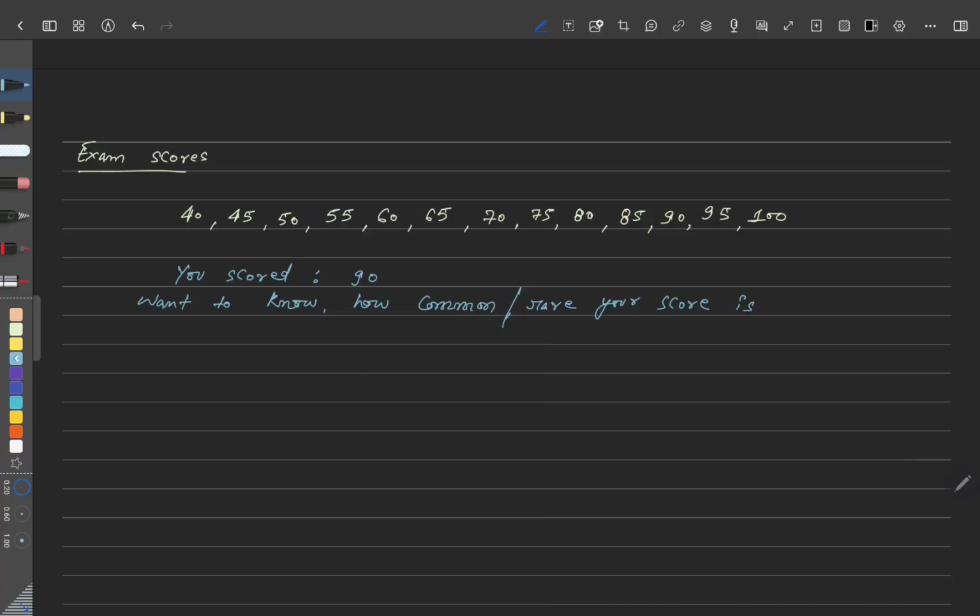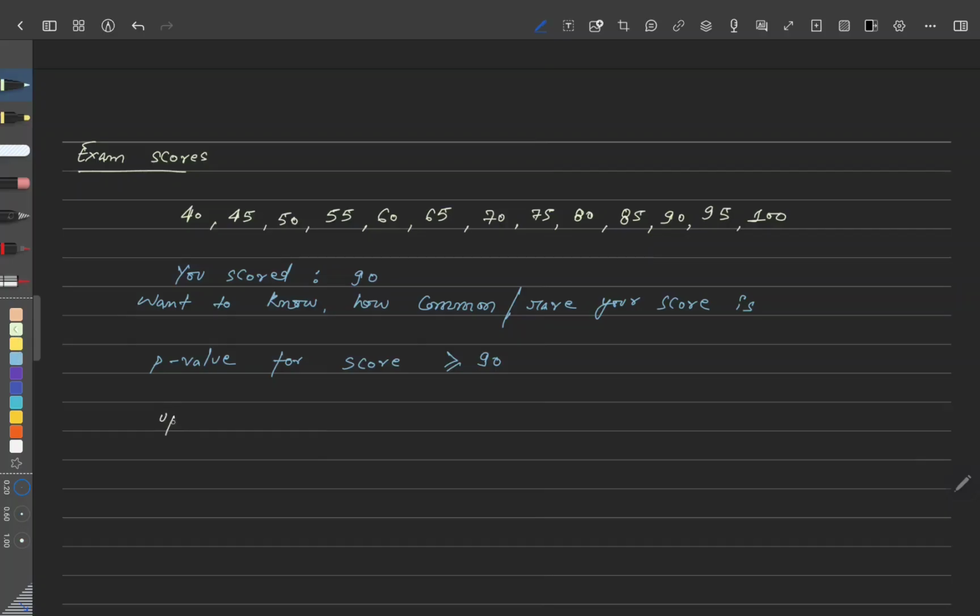So let us find the p-value of how many scores are greater than or equal to 90, which is your score. So p-value, as we discussed in our formal definition, is a measure of extremeness. So what is the extremeness of any score being greater than or equal to 90? The p-value for score greater than or equal to 90.